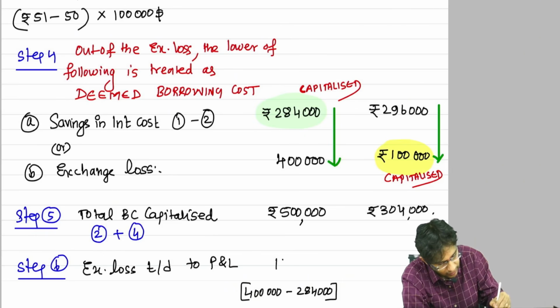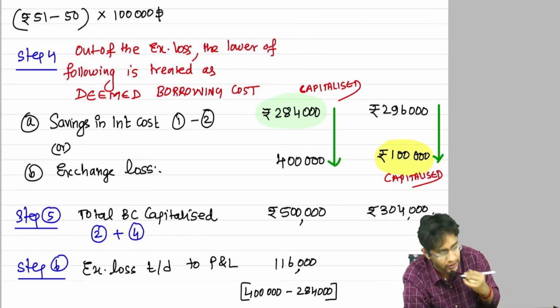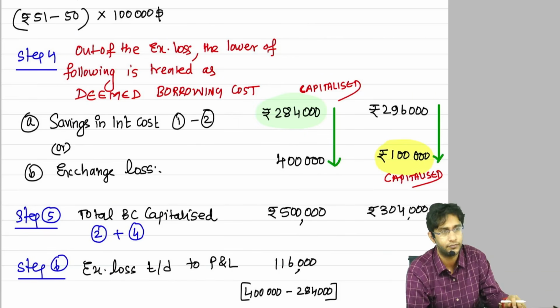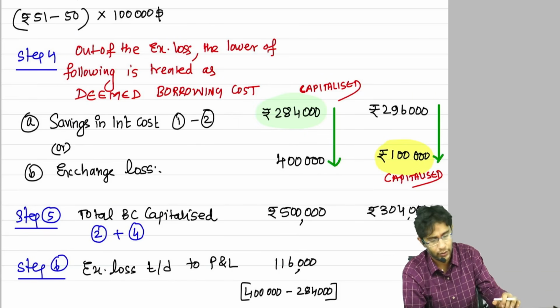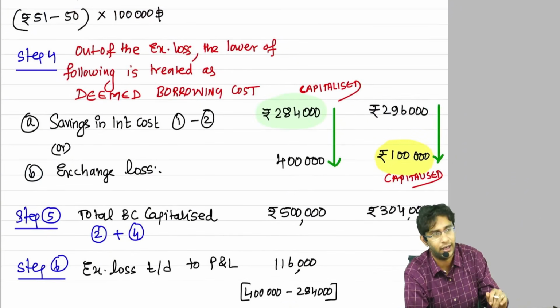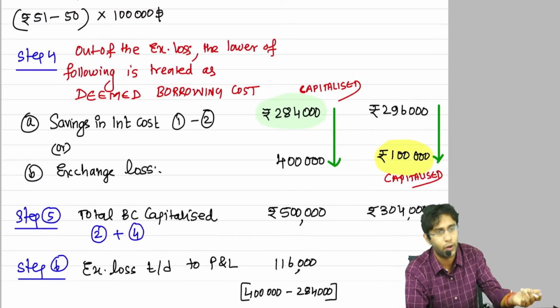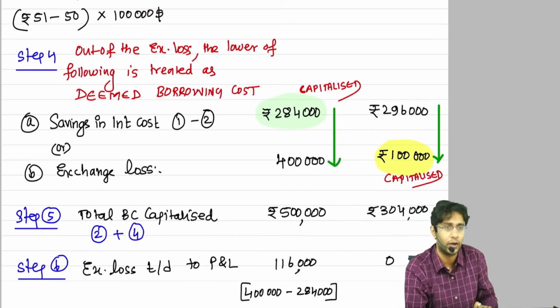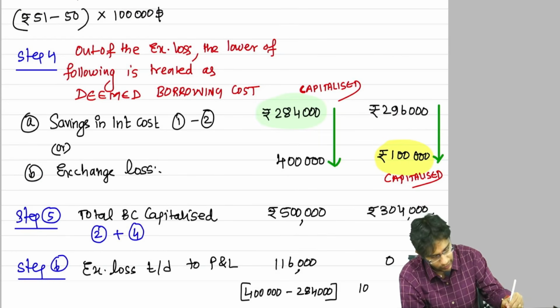A remainder 1 lakh 16,000 is there that will go to P&L account. Whereas in second scenario, my exchange loss 1 lakh, deemed borrowing cost also entire 1 lakh. Entire exchange loss is treated as borrowing cost. So nothing is going to P&L account. Because 1 lakh exchange loss, deemed borrowing cost also is 1 lakh.